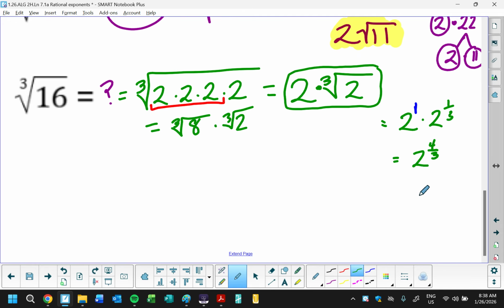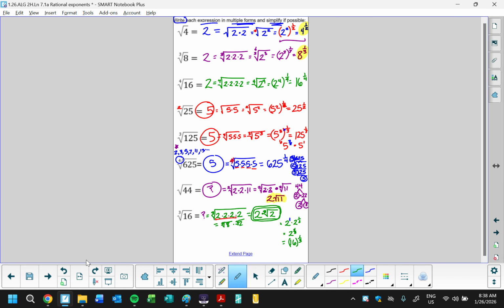Or, 16, which is 2 to the 4th power, to the 1/3 power. All those equivalent forms, this is what we'd consider simplified, but I'm hoping you start seeing those patterns here. Again, if you need to, rewind, watch what you need to rewatch.